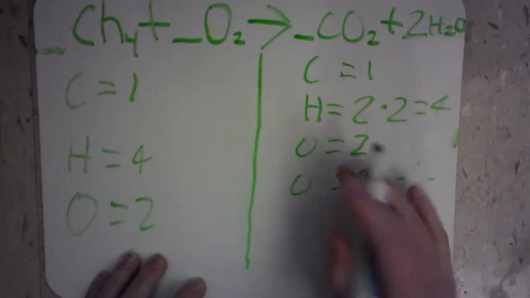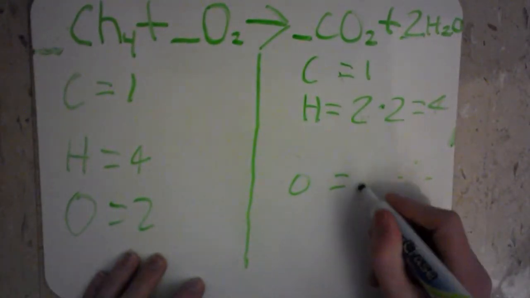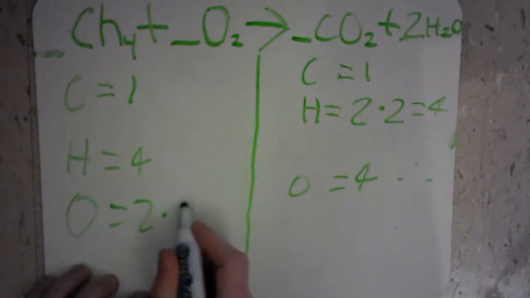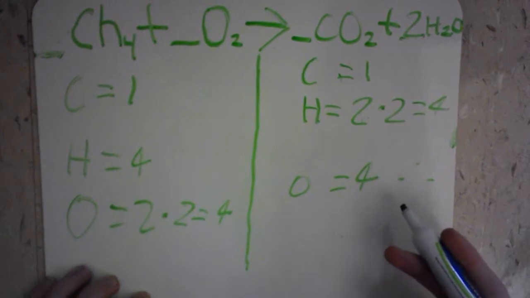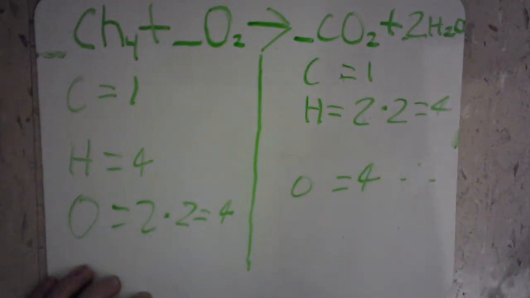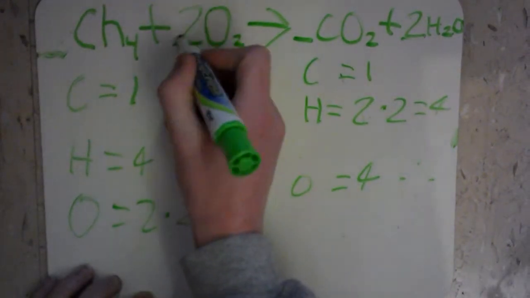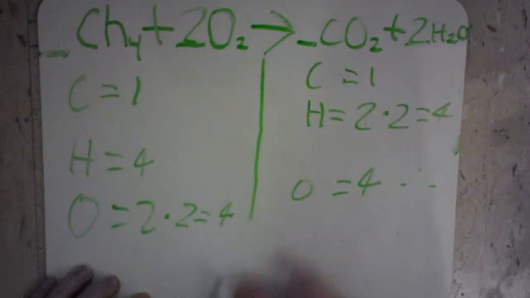Now we can combine these for one big oxygen equaling 4. Then on this side, we want to multiply this by 2, so it again equals 4, just like we did on this side. Then you would add the coefficient right here. So this would equal 2, and your equation balances out.